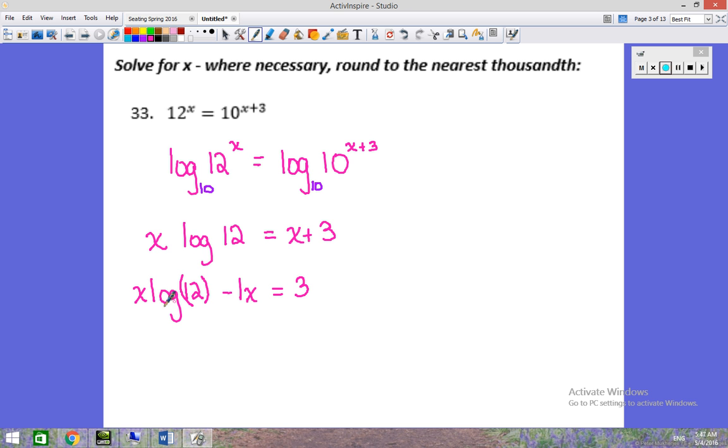Now this term and this term have something in common. They have a factor of x in common. So we can factor out that common factor, and what's left in the first term is just the log of 12. And what's left in the second term is the 1.